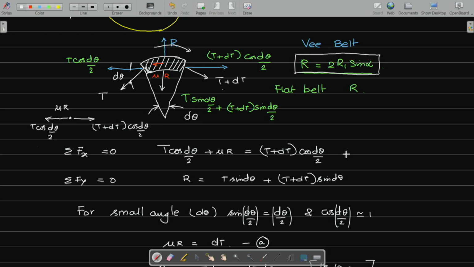Equating it, we get this equation, which is T cos d theta by 2 plus mu R will be equal to T plus delta T cos d theta by 2.